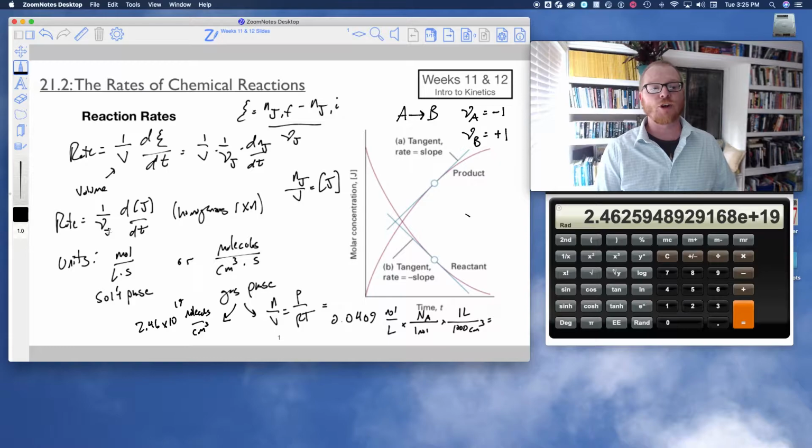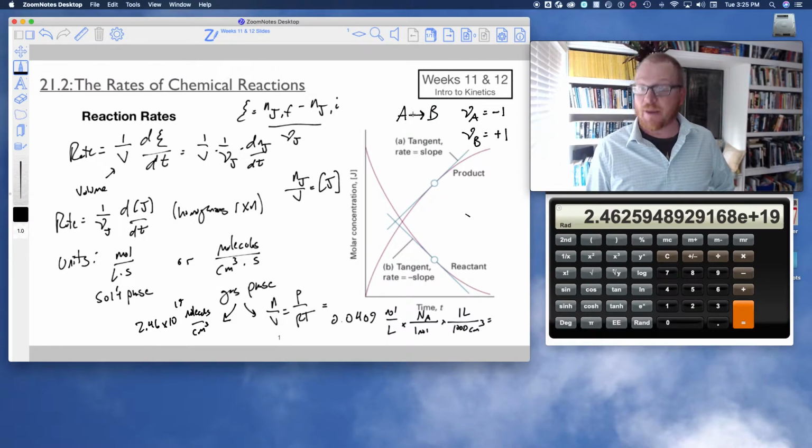What that means in terms of the rates of these two things is that A has a negative rate. The negative slope at any one of these points equals the rate, because A is disappearing.